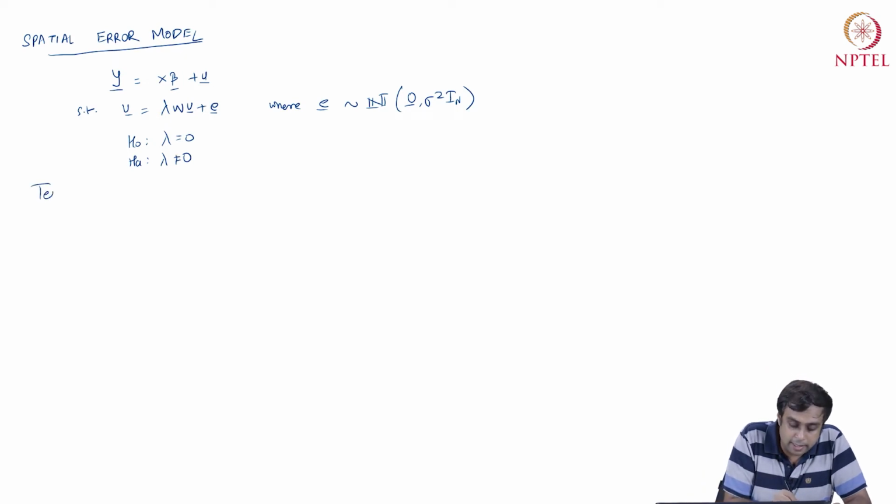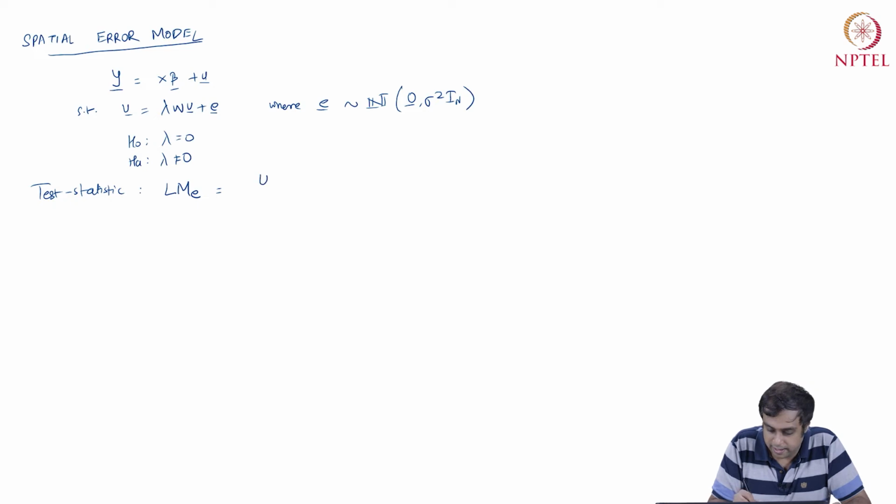So the test statistic, the Lagrange multiplier test statistic, LME, is given as (u prime W u divided by s squared) squared, divided by T. S squared is just a sample variance, right?